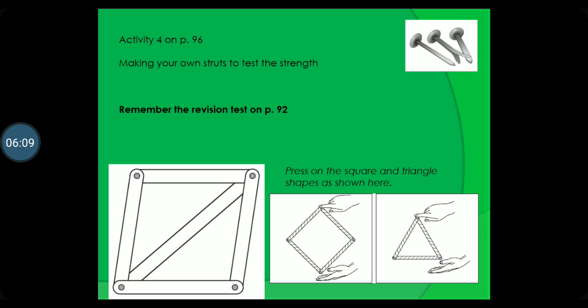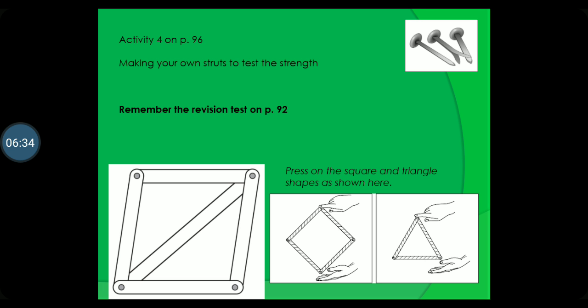Then you need to test them basically by pressing on the square and the triangle as shown in this picture here below. Okay, so it shows exactly how you need to push them, and then you need to write down what shape is stronger. Was it the square or the triangle? And then you need to try and figure out why. Okay, and then we will discuss it further in our Zoom session.